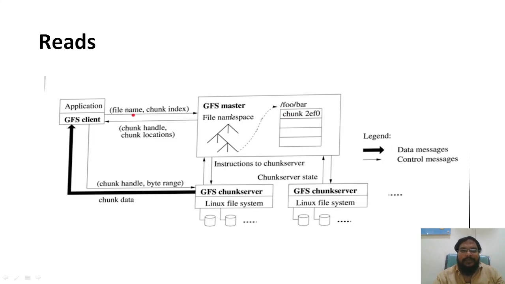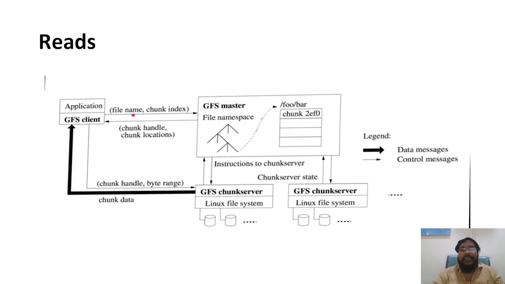The GFS master looks up in which server the actual chunk has been stored. After locating that chunk, it sends an instruction to the chunk server and retrieves the chunk server state. The state of a chunk server is nothing but whether the server is in working condition or if it is facing any sort of problems.